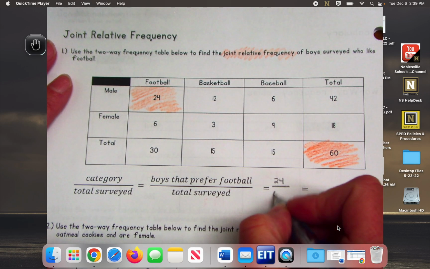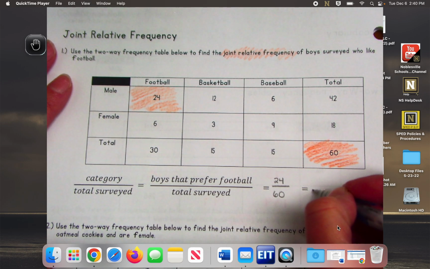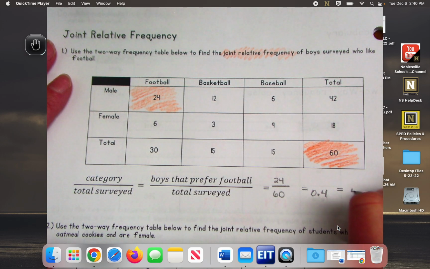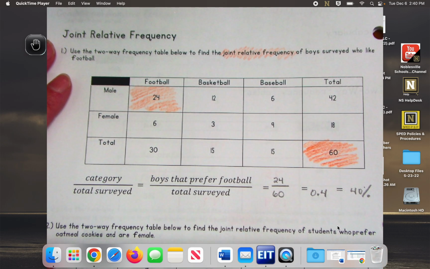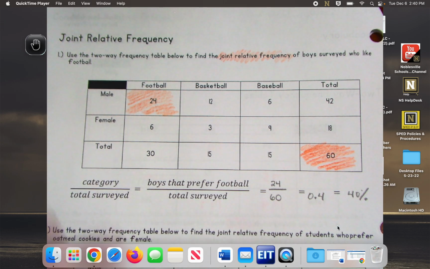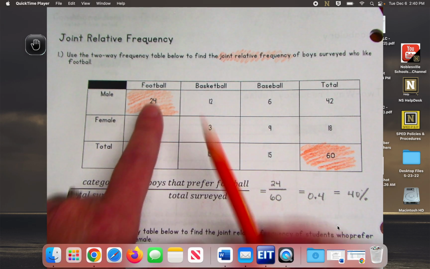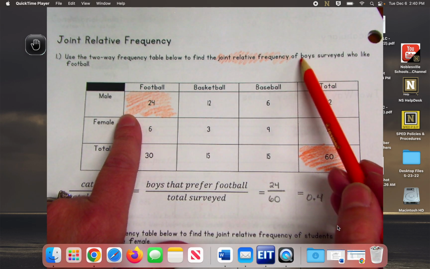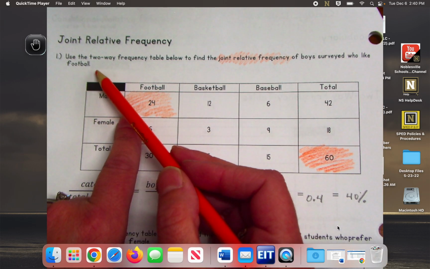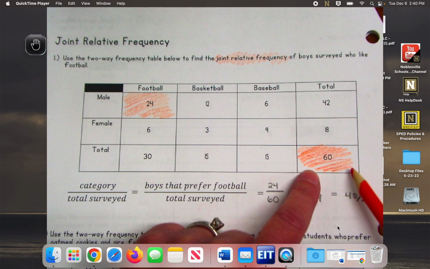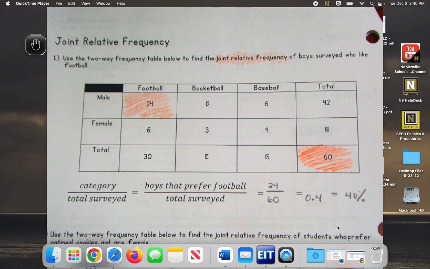So I'm going to have 24 over 60, which is 0.4, which is 40%. Right? So for joint relative frequency, we take the category, which was boys who prefer football, out of the total. If I asked you to find girls that prefer baseball, what would my fraction be?